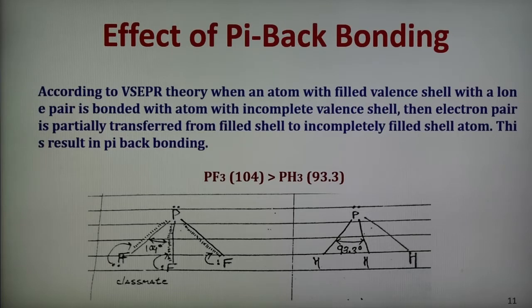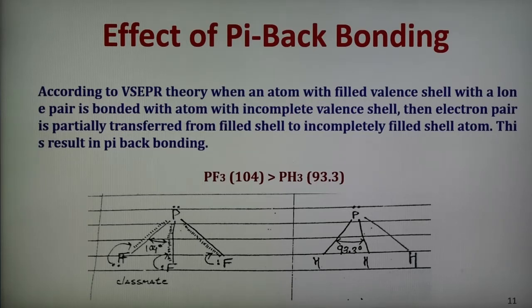Now in PF3, the central atom phosphorus has an incomplete valence shell due to the presence of vacant d orbitals, and the bonded fluorine atom has a filled valence shell with a lone pair of electrons. Therefore, according to the pair theory, the lone pair of electrons gets partially transferred from fluorine to the vacant d orbital of the phosphorus atom. This results in the formation of dπ-pπ bonding. It means that the bond in PF3 is partially a double bond rather than a single bond.